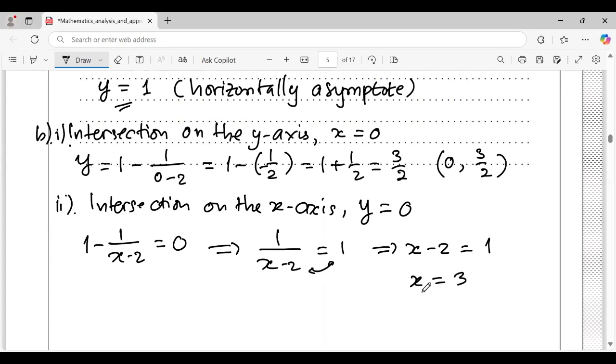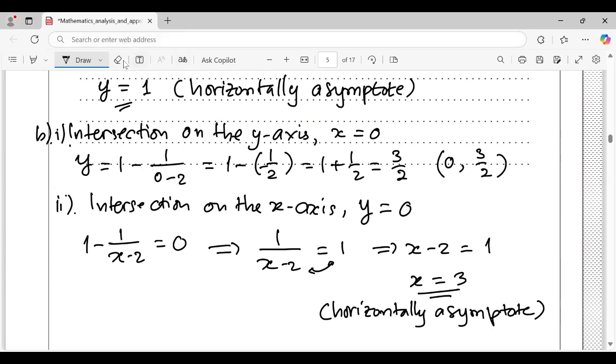So this is the horizontal asymptote equation. Sorry, not horizontal.